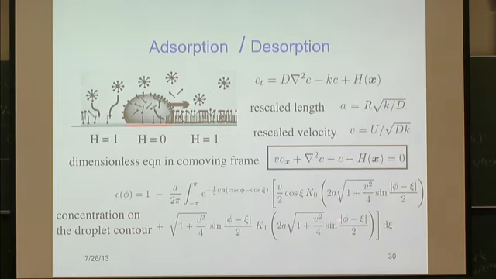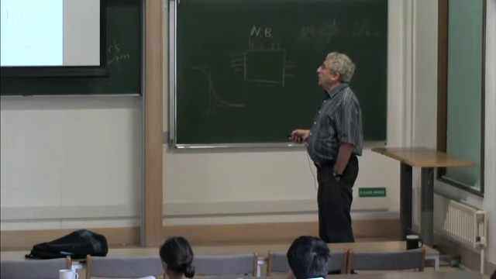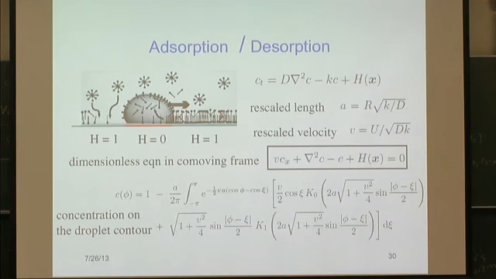You cannot really compute this integral analytically, but it is very helpful because in order to know how the droplet moves, we need to know the contact angle, which would depend on this concentration, and so we have to know the concentration only at the contour itself. We don't need the entire field.